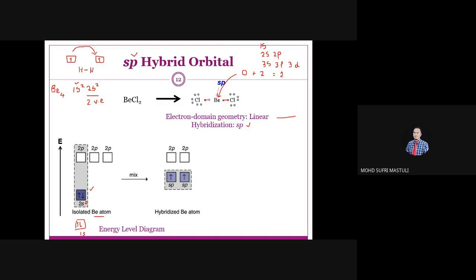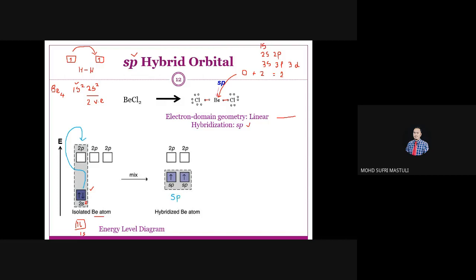We need to mix two orbitals to provide single electrons. From the Lewis structure, we identify that we have to do sp hybridization. So we transfer one of the electrons to the p orbital to form s and p.